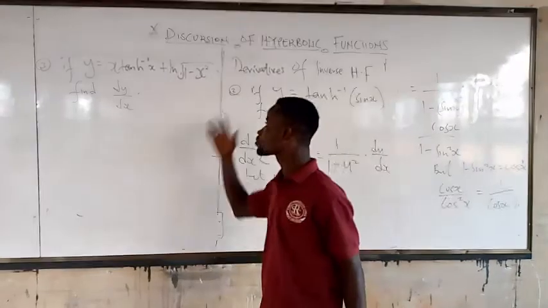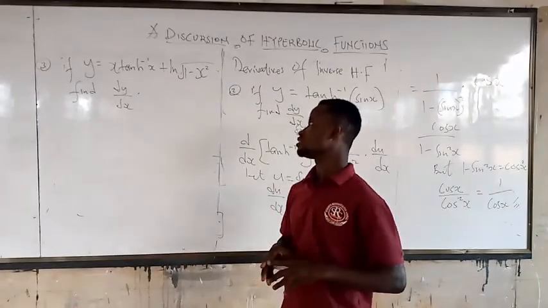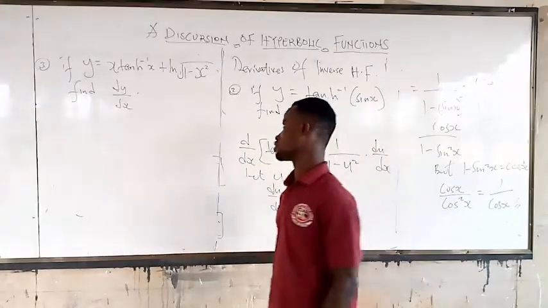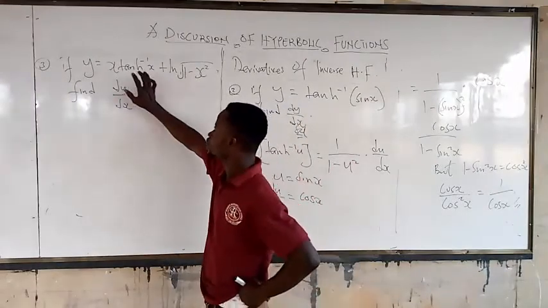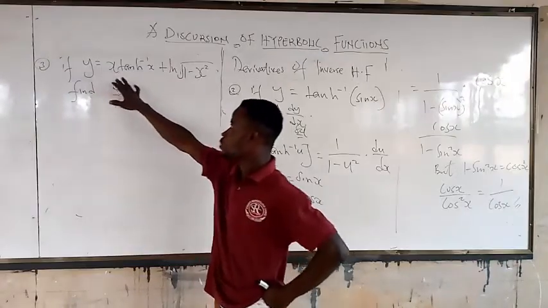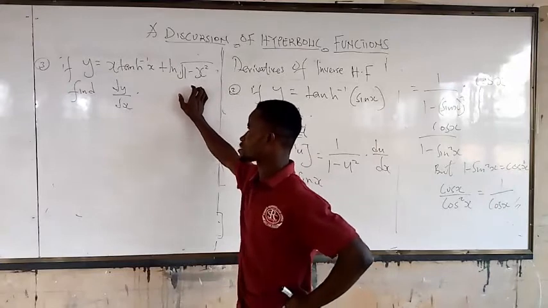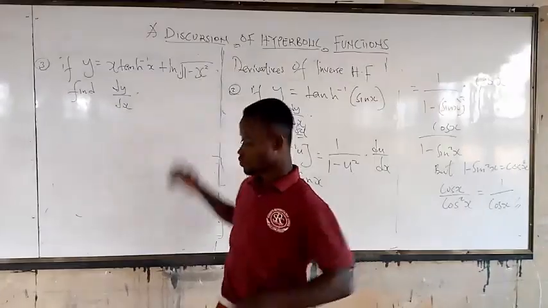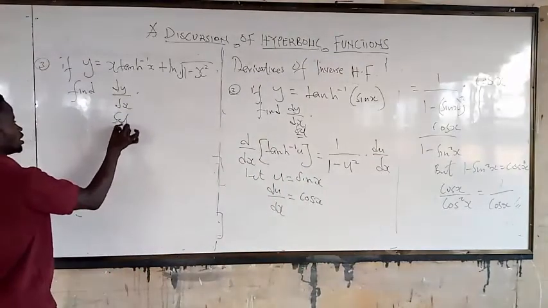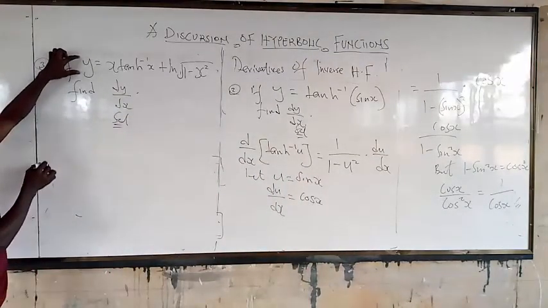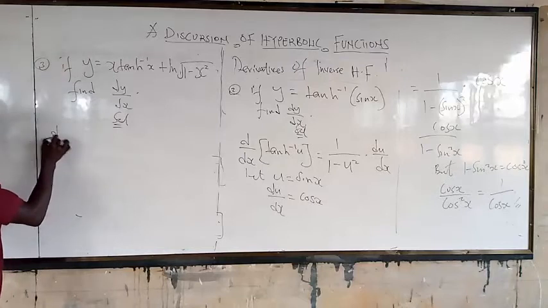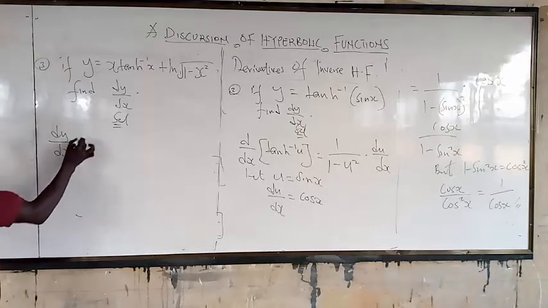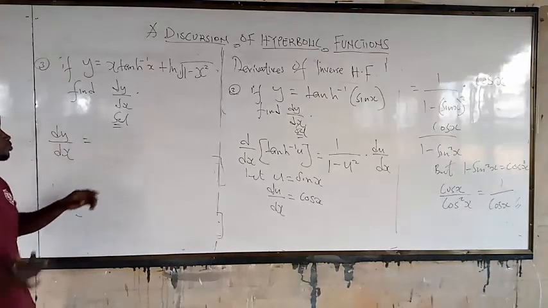Okay, so having this question, don't worry, okay? You see, we have the function of y in terms of x. We can take the derivative of each term. Alright, so taking the derivative of each term, when you differentiate y, you get dy/dx. Very good.